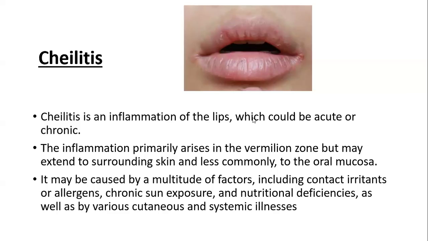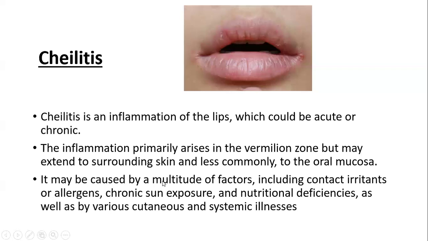Cheilitis is a term used for inflammation of the lips that could be acute or chronic. The inflammation primarily arises in the vermilion zone but may extend to the surrounding skin and, less commonly, to the oral mucosa. So generally, it starts at the vermilion border, extends to the surrounding skin, and may enter the mucosa.